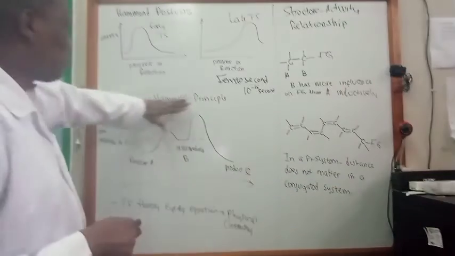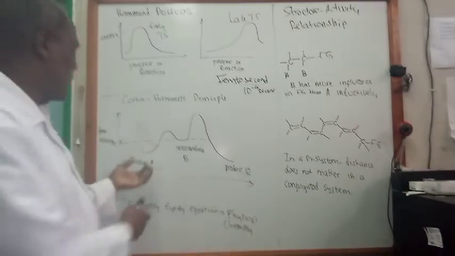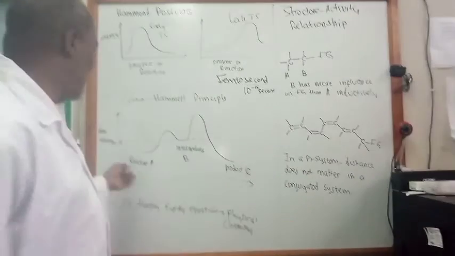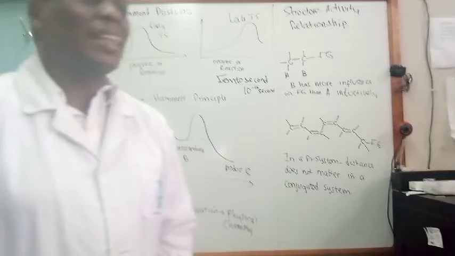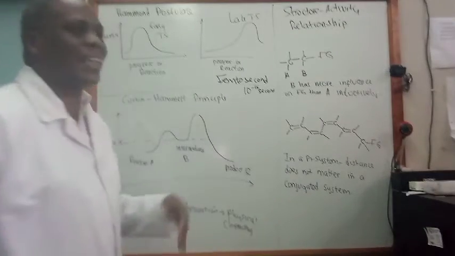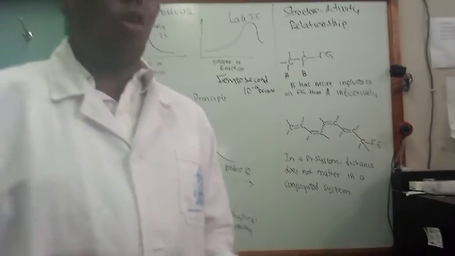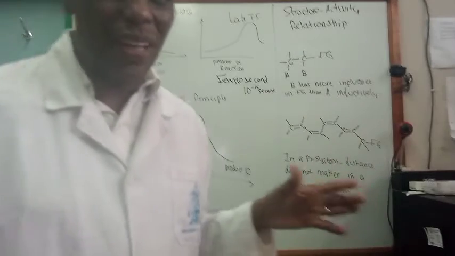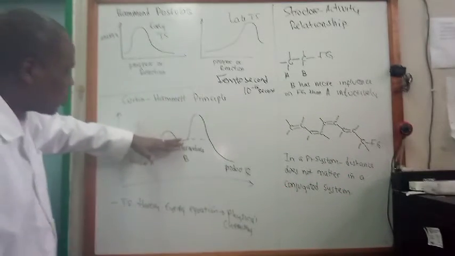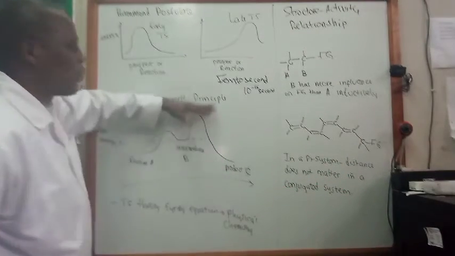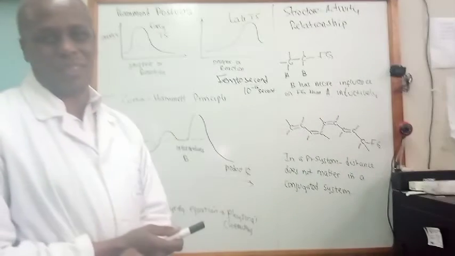But what this principle is saying, the product ratio or the reactant and the product ratio is not determined by their relative stability or how quick they can form or whatever, but by the ratio of the activation energy.